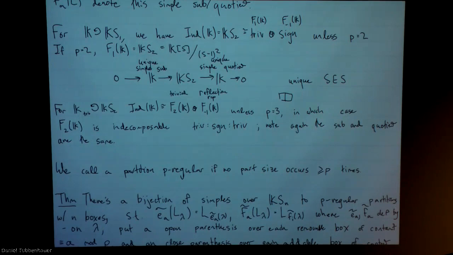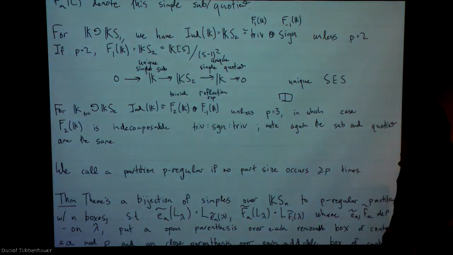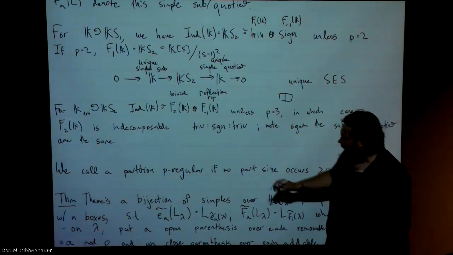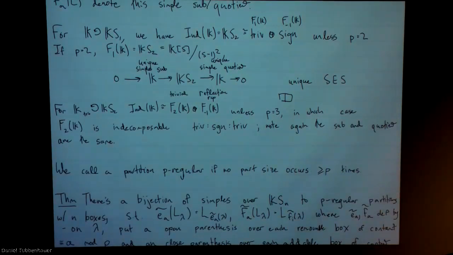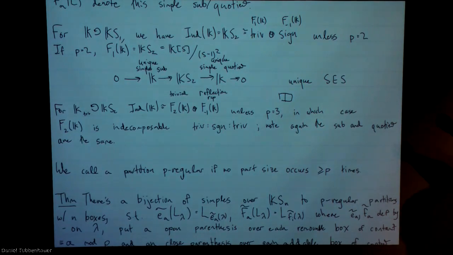So basically, if you look at the two-dimensional guy over S3 and you reduce it mod P, it turns into an extension of the sign and the trivial, and which order the extension is depends on exactly how you chose the integral basis. So it can either be this part, or it can be this part. Note here, there's a unique sub, there's a unique quotient, and they're the same, they're the trivial.